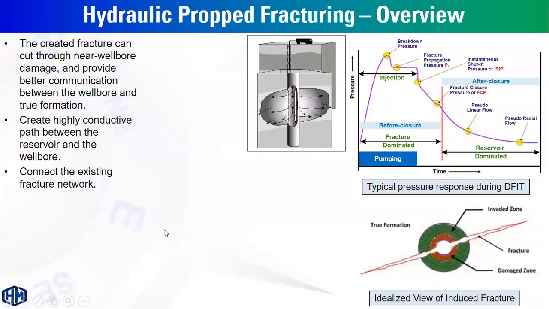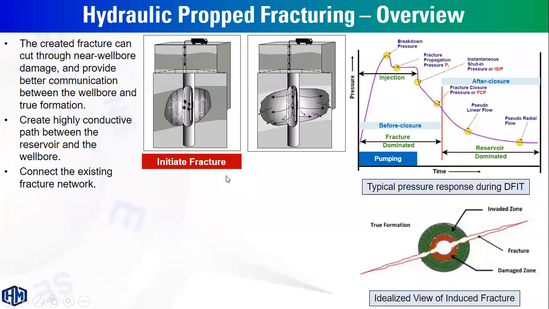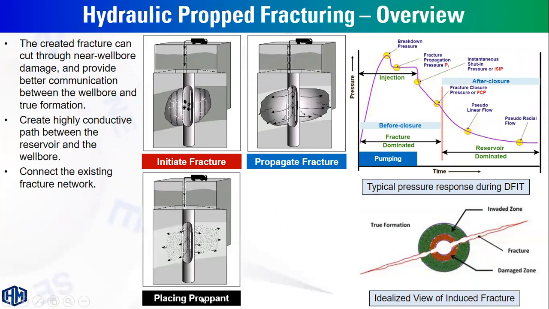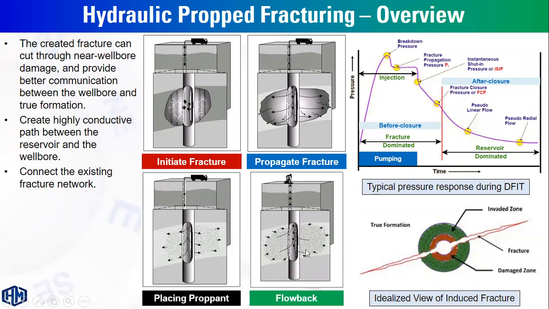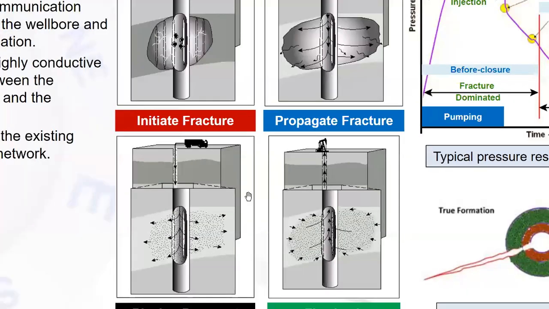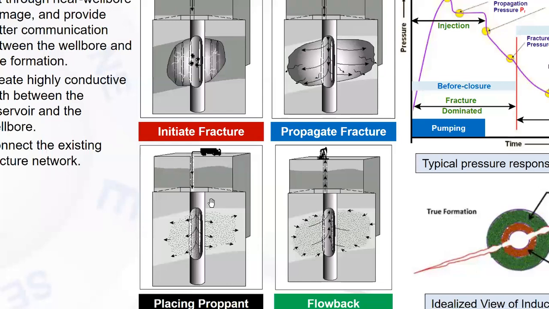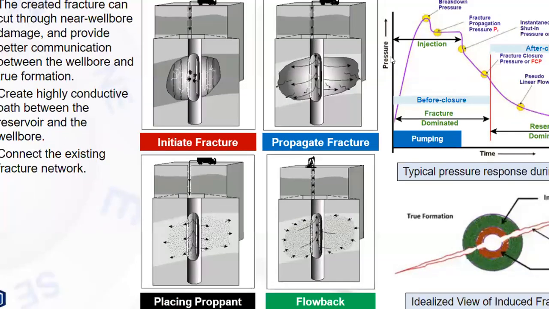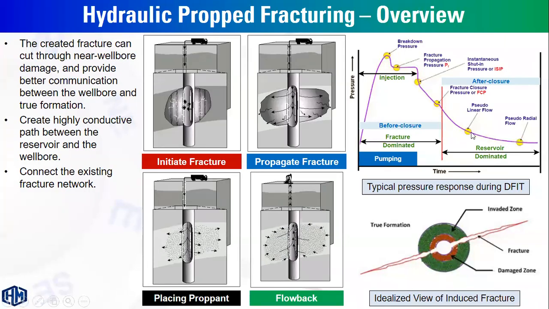Actually, these are the major steps for fracturing operation: to initiate the fracture, propagate the fracture, placement of proppant, and finally the flowback after the complete injection of the designed proppant. And this is the typical sequence of the test.